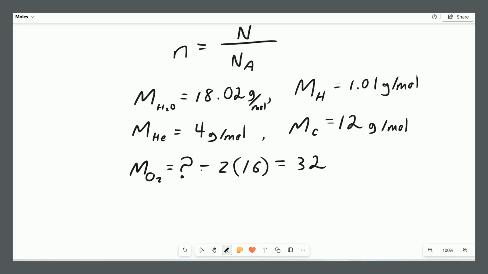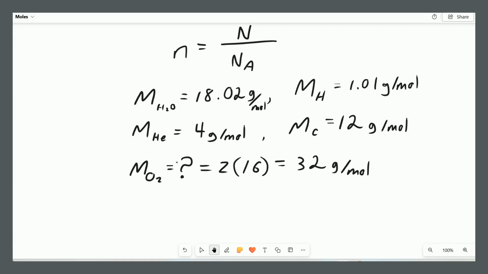So the molar mass of oxygen gas is 32 grams per mole. In other words, if you have 1 mole of oxygen gas, 6.02 times 10 to the 23 particles of oxygen gas, that will weigh 32 grams.